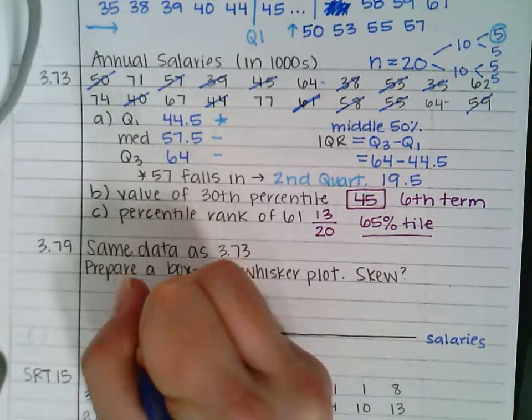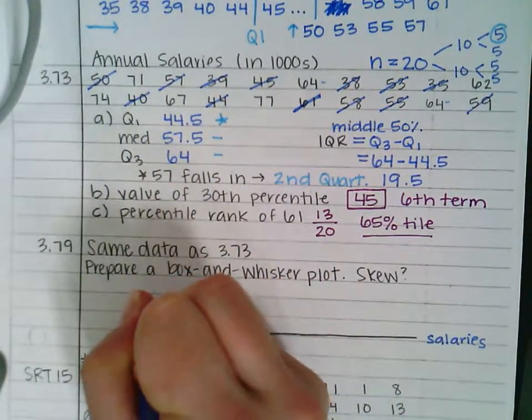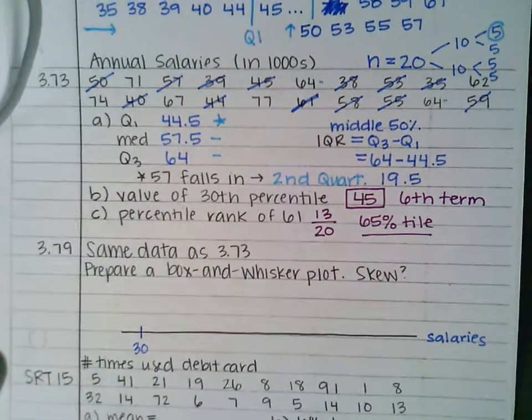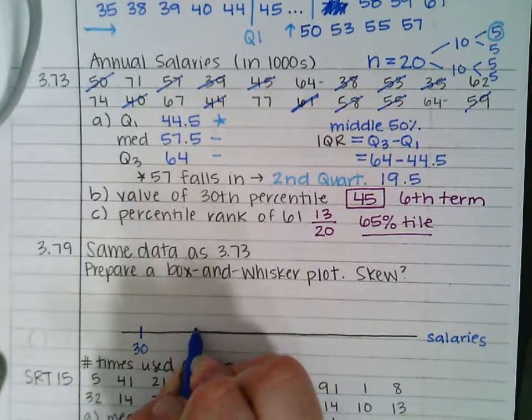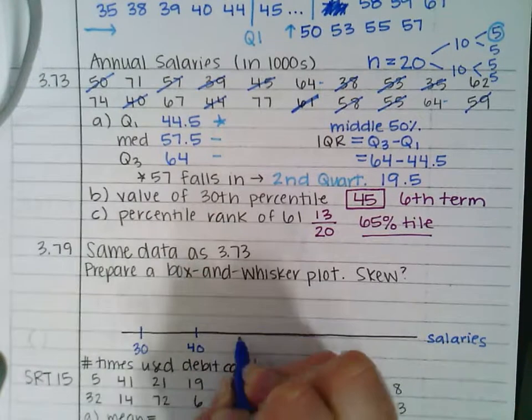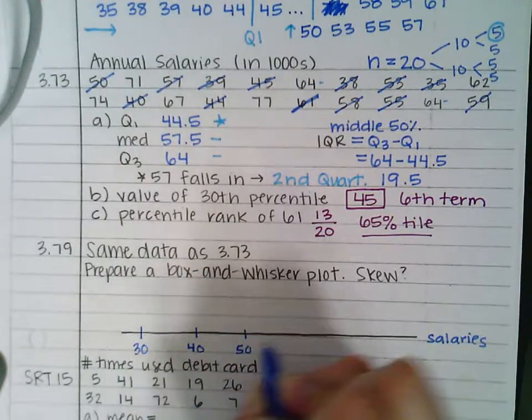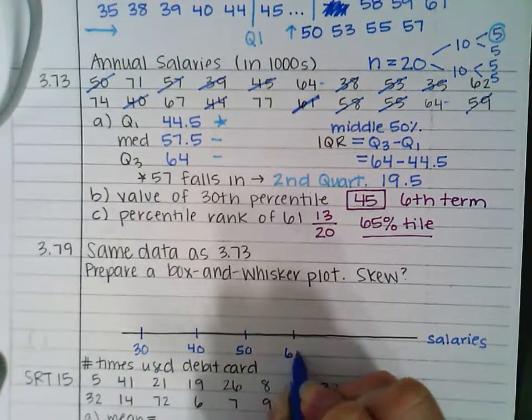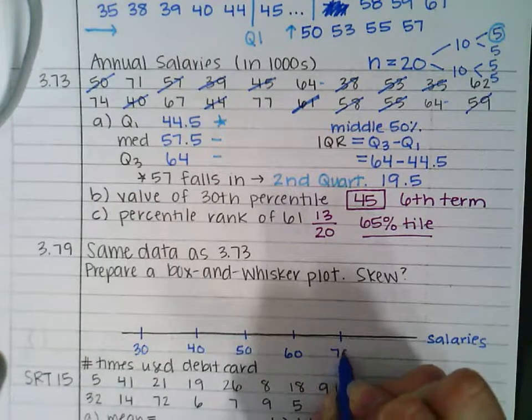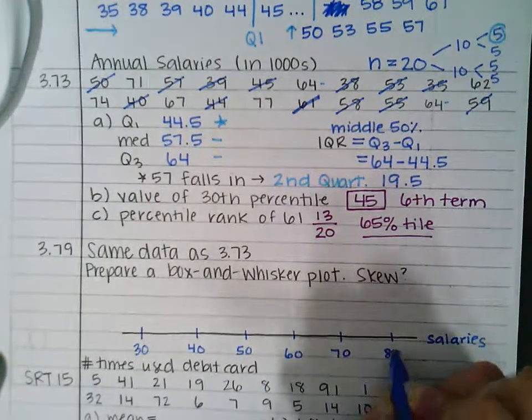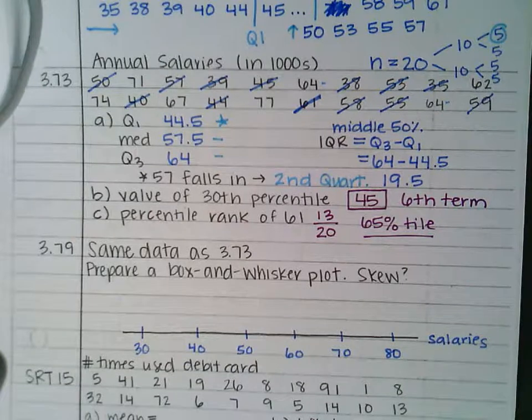So if I start at 30, because my bottom is 35, and I increase by tens, I now have a number line that will fit my data. That's the first thing you have to do.